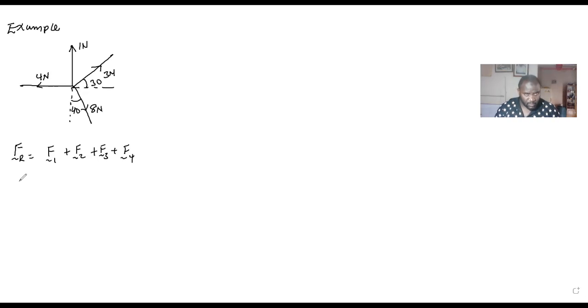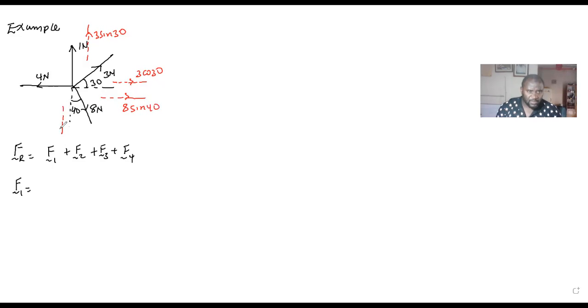When you look at force 1, it can be the 3. You resolve the 3 to the horizontal, you have 3 cos of 30. When you take the 3 to the vertical, you have 3 sine of 30. When you bring the 8 to the horizontal, you have 8 sine 40.